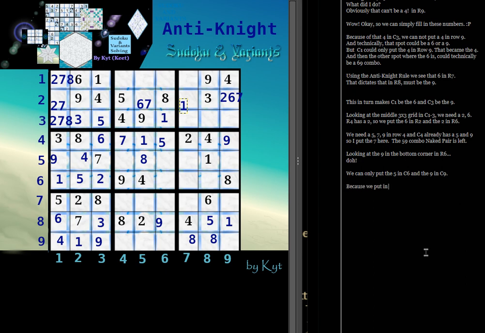Because we put in the 1 in column 9, we can remove the 1 above in row 2, column 9. And that meant that column 7 must be the 1.